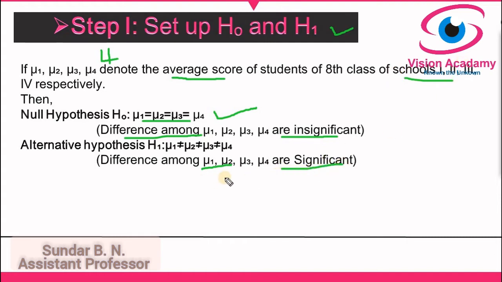In the sense, there is a significant difference between the different schools' students about the level of knowledge of the history of India. So based on these hypotheses, let us solve the problem, and finally we can take a decision over it.